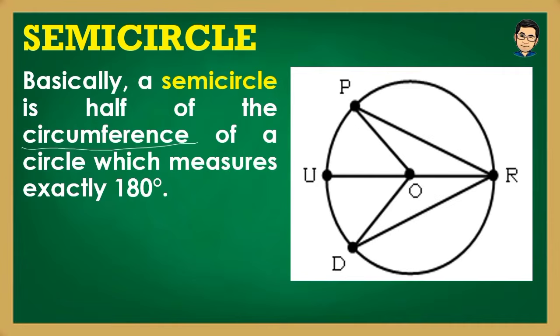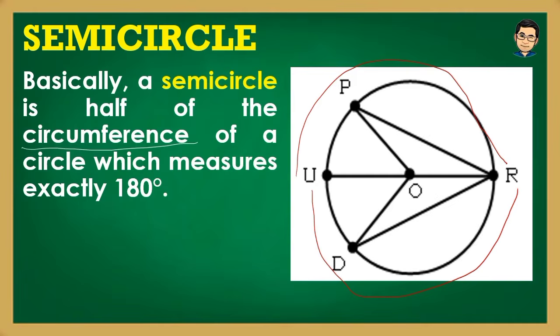Mini-measure din po yung circumference ng circle. Meron din po tayong formula dyan, which is C is equal to 2 pi r or pi d, where pi is approximately equal to 3.14, and then r is radius, and then d is the diameter. And then, to identify the semicircles on the given circle, ito po yan, UPR, and then yung sa lower portion, UDR.